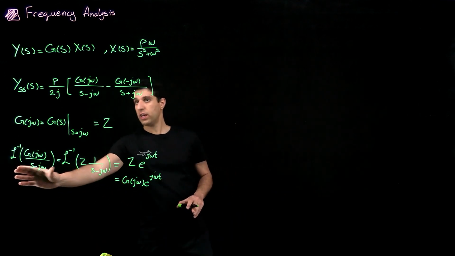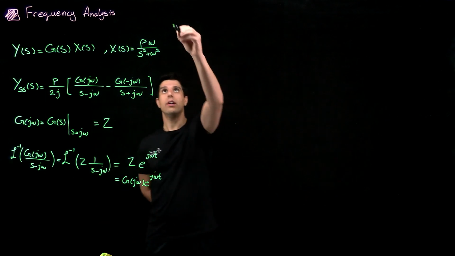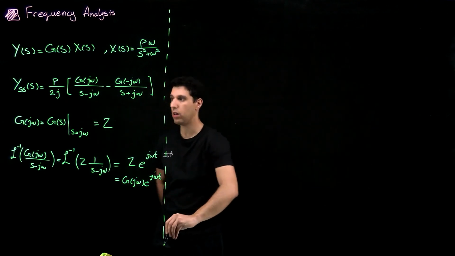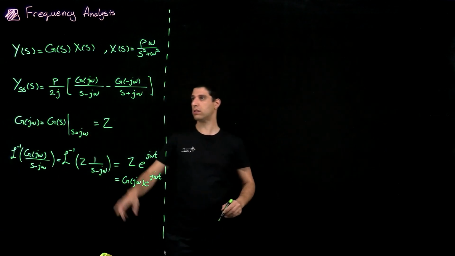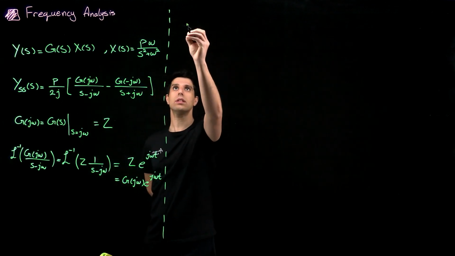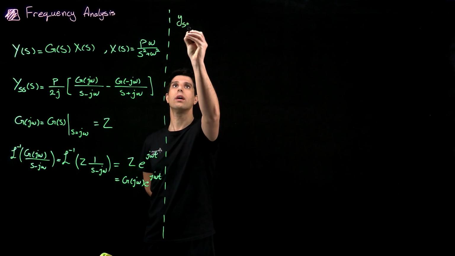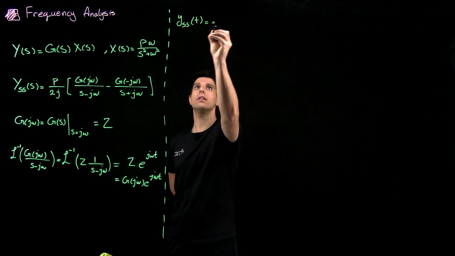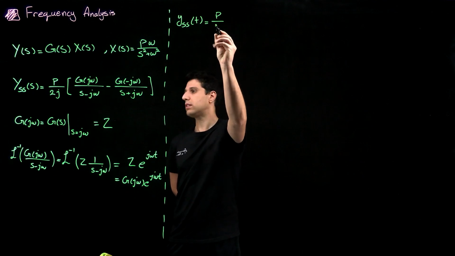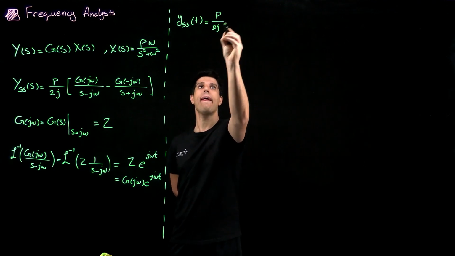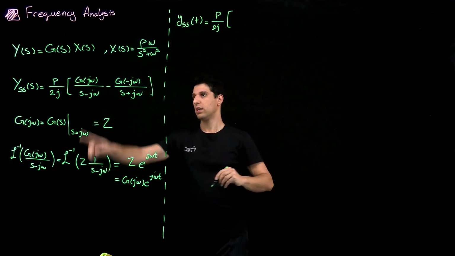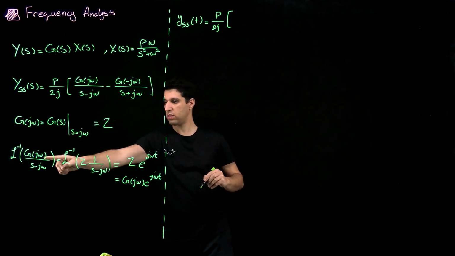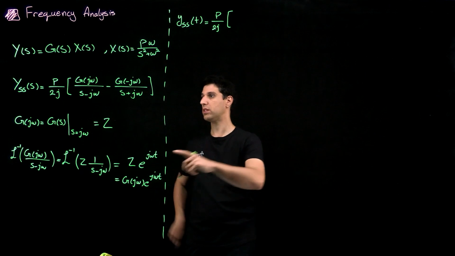So using this and trying to find the inverse Laplace of my steady state response, P over 2j is constant, so I'm going to take it back to time domain. Y steady state is, this is constant, P over 2j. This one, remember, G of j omega is constant, it becomes this.